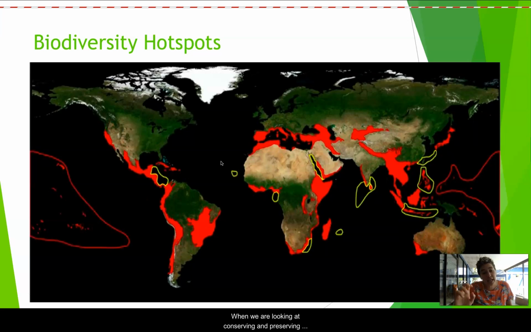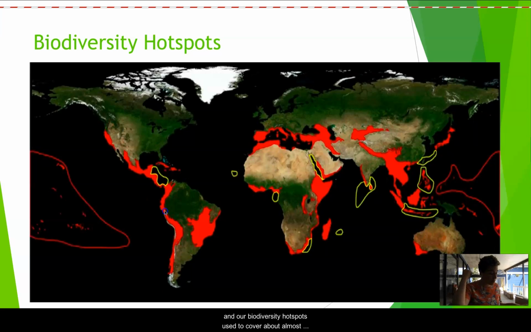When we are looking at conserving and preserving species diversity and biological diversity, and particularly endangered species, we're often looking at biodiversity hotspots like these ones in red that are shown here. Biodiversity hotspots are places in which there are a large number of endemic species, so species that only exist in that area.